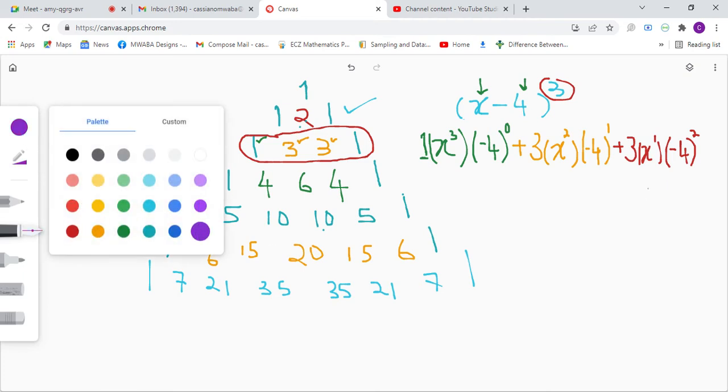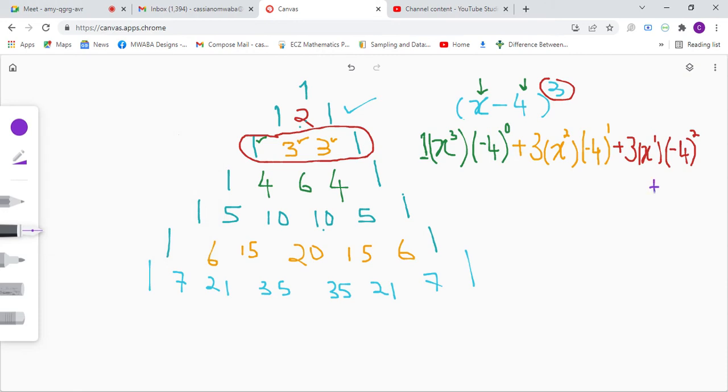there's no space here, I'll just write it here, plus. We now write this one here, so we'll say 1, then we'll have x to the power 0. As I said earlier on, the exponent of x is going to reduce from 3 to 0, and the exponent of negative 4 will increase from 0 to 3.